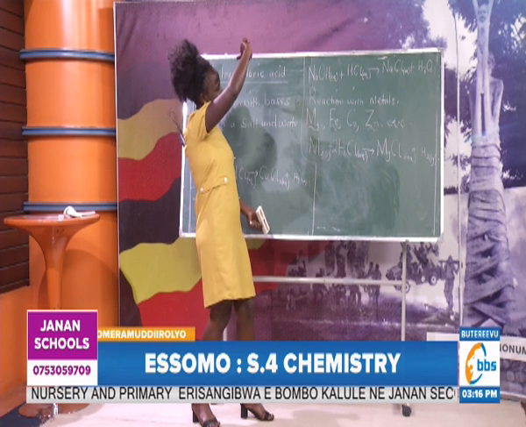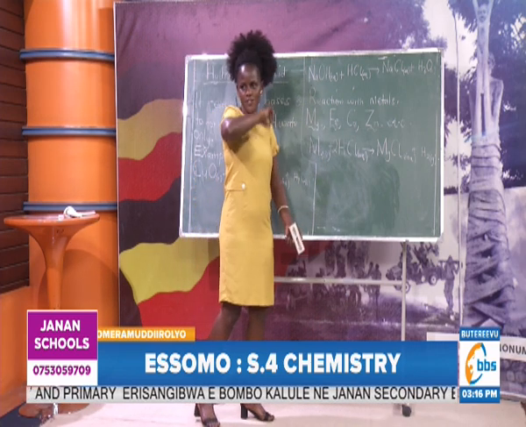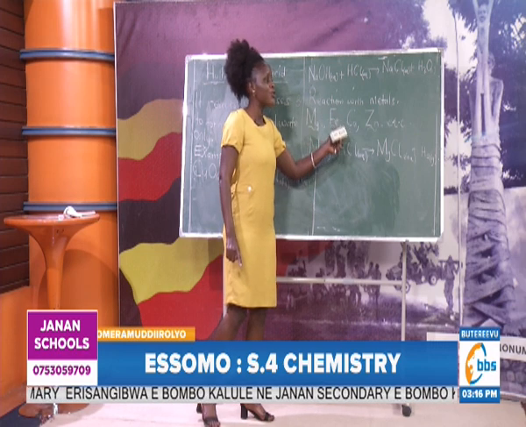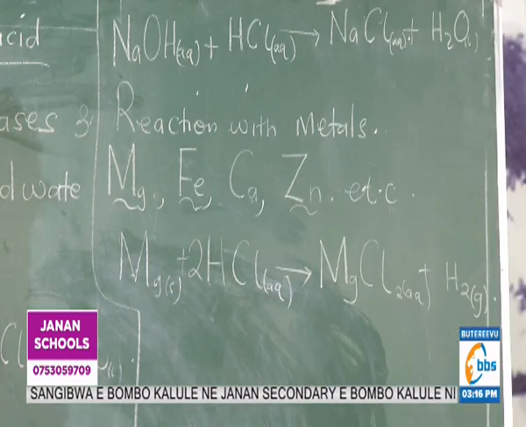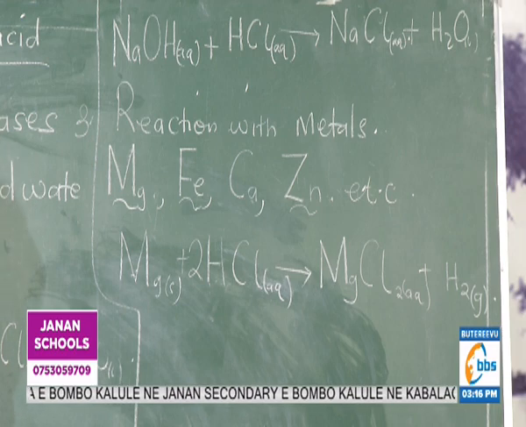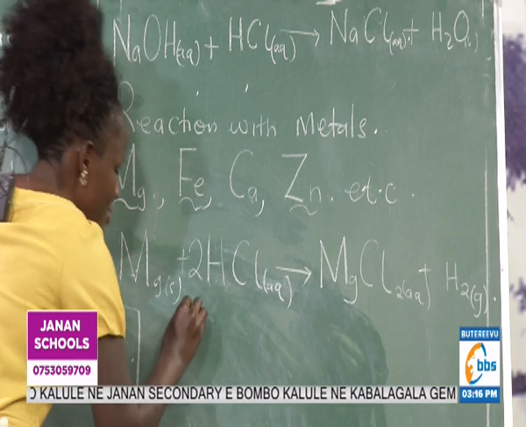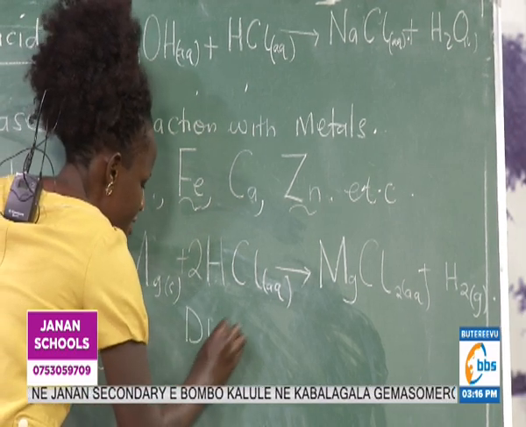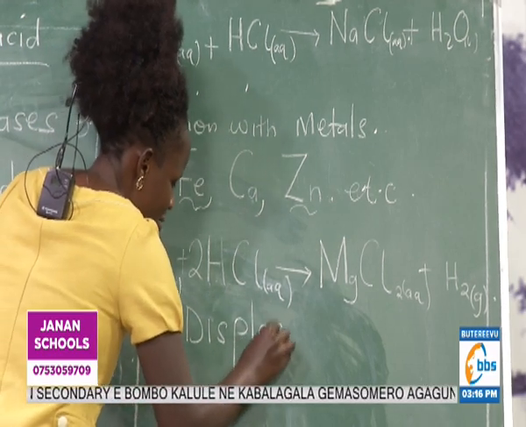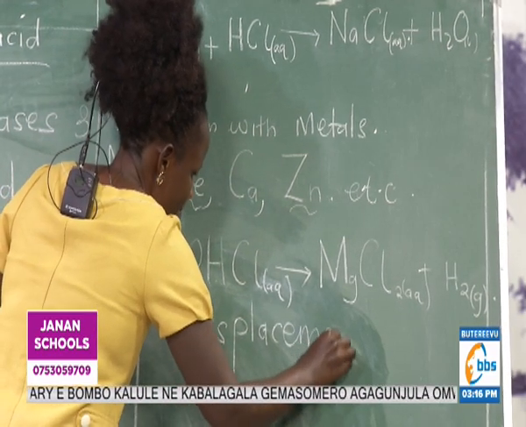The first type of reaction we looked at was a neutralization reaction. This type of reaction is not a neutralization reaction. You're forming a salt and hydrogen gas. This type of reaction is called a displacement reaction. Please quote that right.